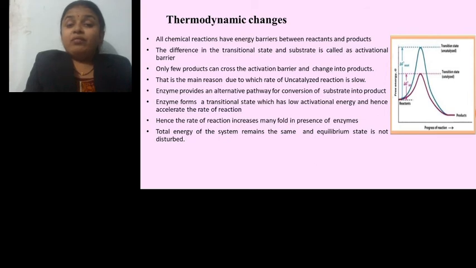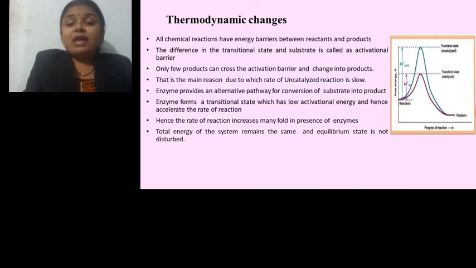Only a few substrate molecules can cross the activational barrier and get changed into the product. That is the main reason due to which the rate of an uncatalyzed reaction is slow.